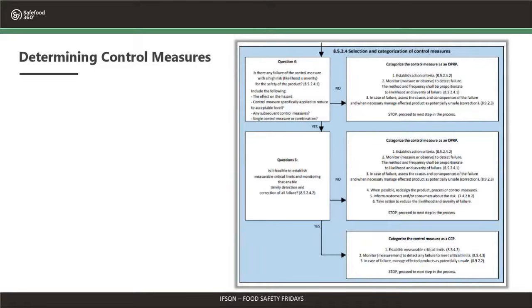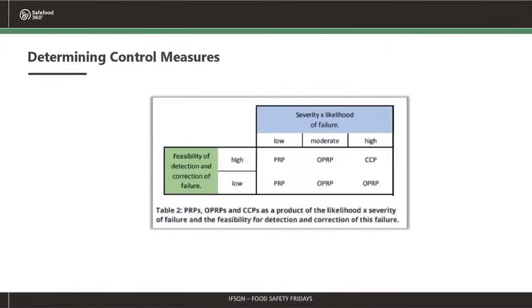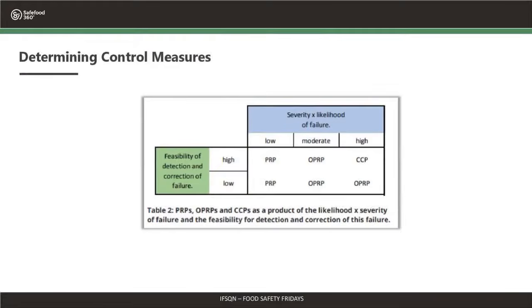So if we move on, here we have a new tool brought in by ISO, and it helps us to determine PRPs, OPRPs, and CCPs. So at the top, we have severity times likelihood of failure. As I said at the start, failure is something that can help you determine the difference between an OPRP and a CCP.